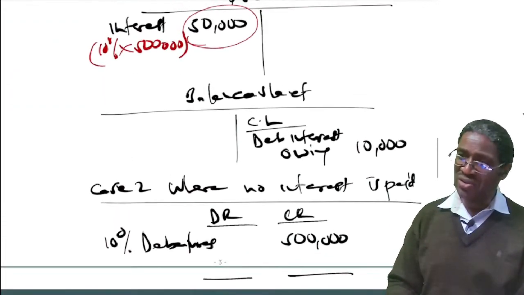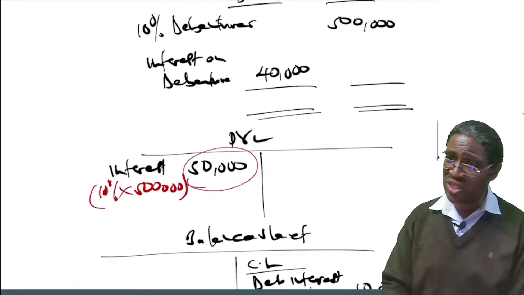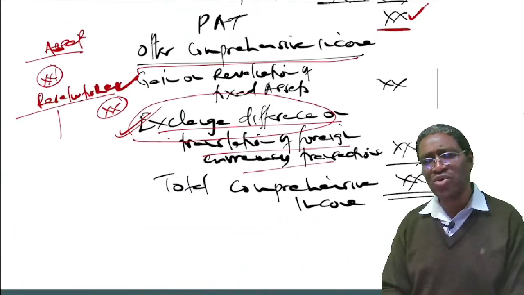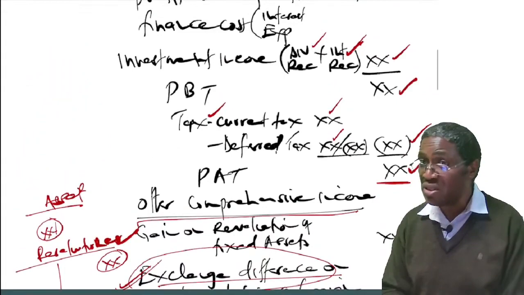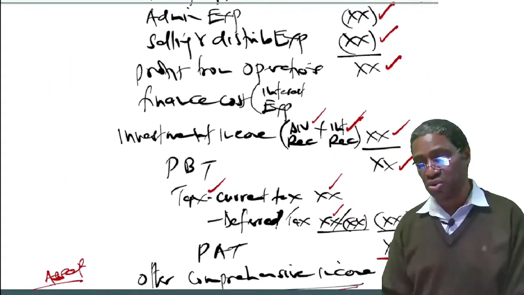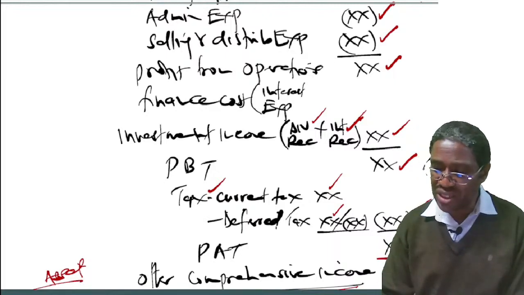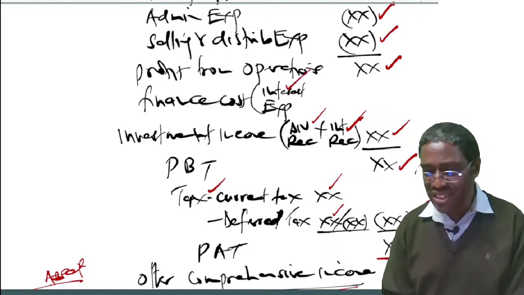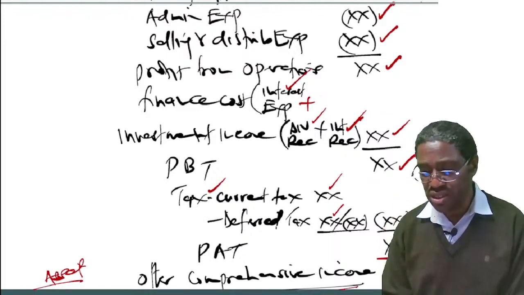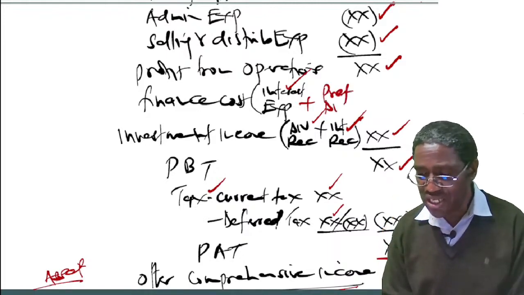Good. Now listen to this, that means that where you normally show finance cost in the income statement, there could be two components of finance cost. One of them, we have already discussed, is that interest. The second one, which we are bringing in today, is what we are calling preference dividends.